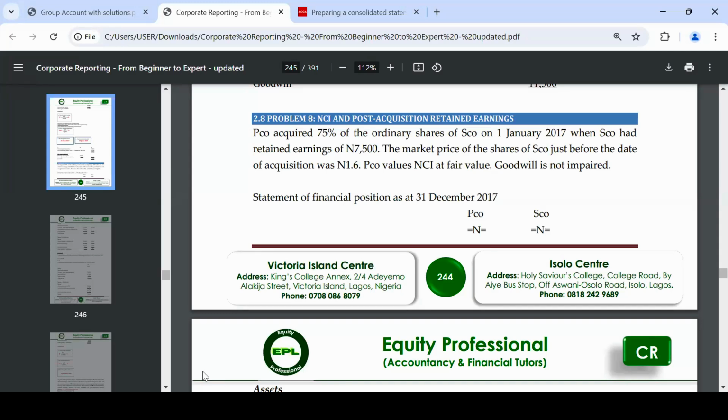However, you must also remember that in a consolidated financial statement, we are assuming that the group, the NCI, and the subsidiary are assumed to be one entity. As a result of that, we said we're going to cancel out the investment of the parent and the NCI against the net assets of the subsidiary that was acquired.